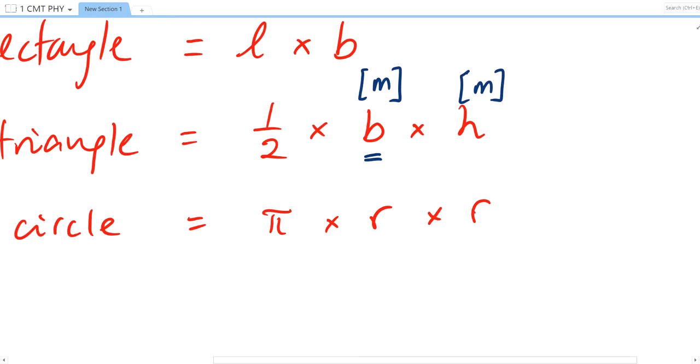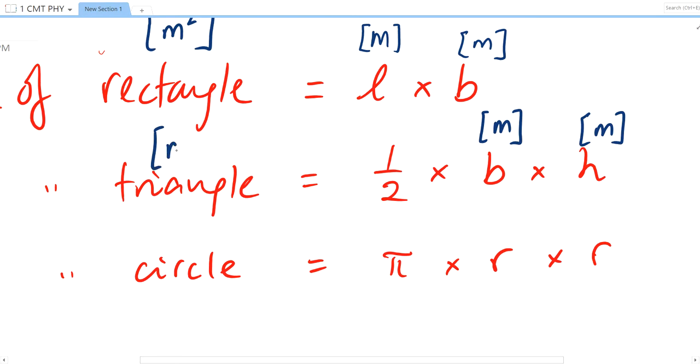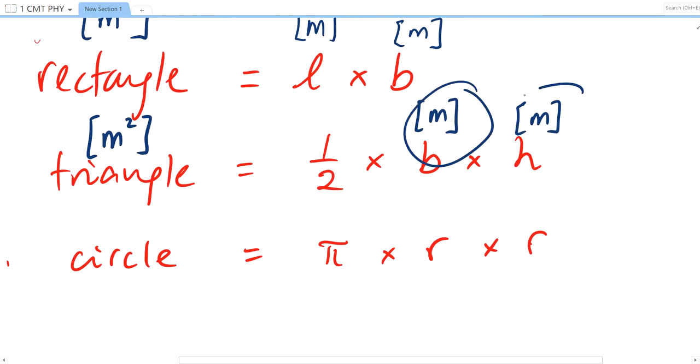Okay, so over here, no units. Then meter times meter, what do I get? Square meters again. Look, the area for a triangle has units of square meters as well. Okay, and we obtain the square meters from all these units. And I used SI units. I didn't use centimeters, I didn't use kilometers, I didn't use anything else. I only used SI units.